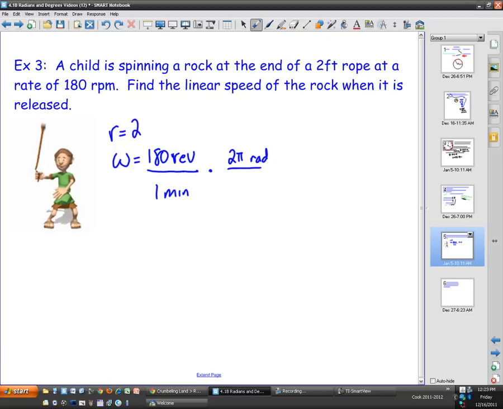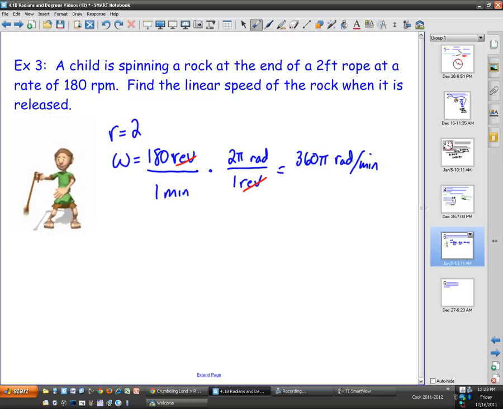Now my revolution units will cancel out, so now I'm in radians per minute. If I multiply this out, that would tell me that my angular speed for this is going to be 360 pi radians per minute. And so that is the w.